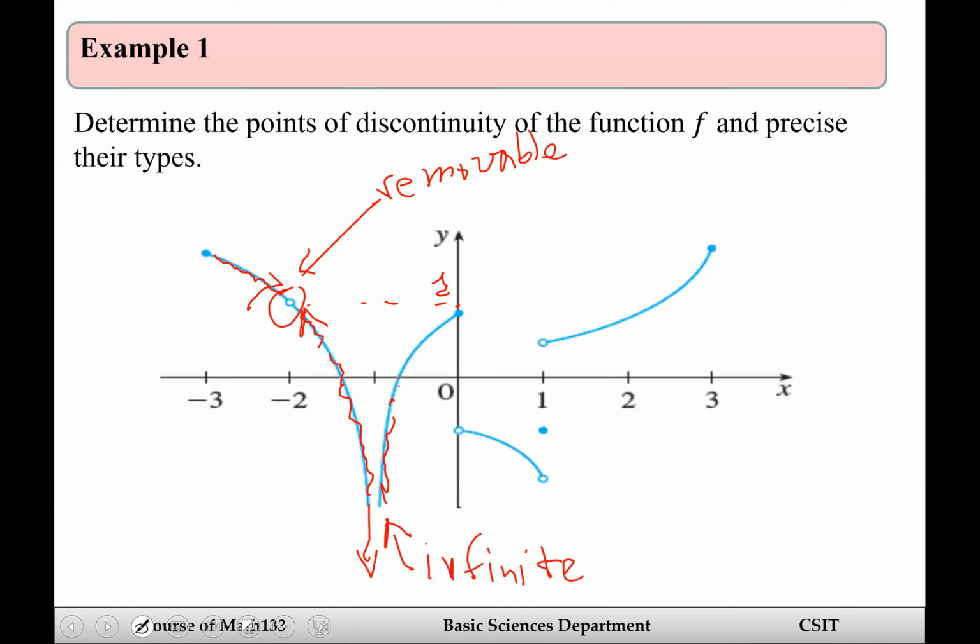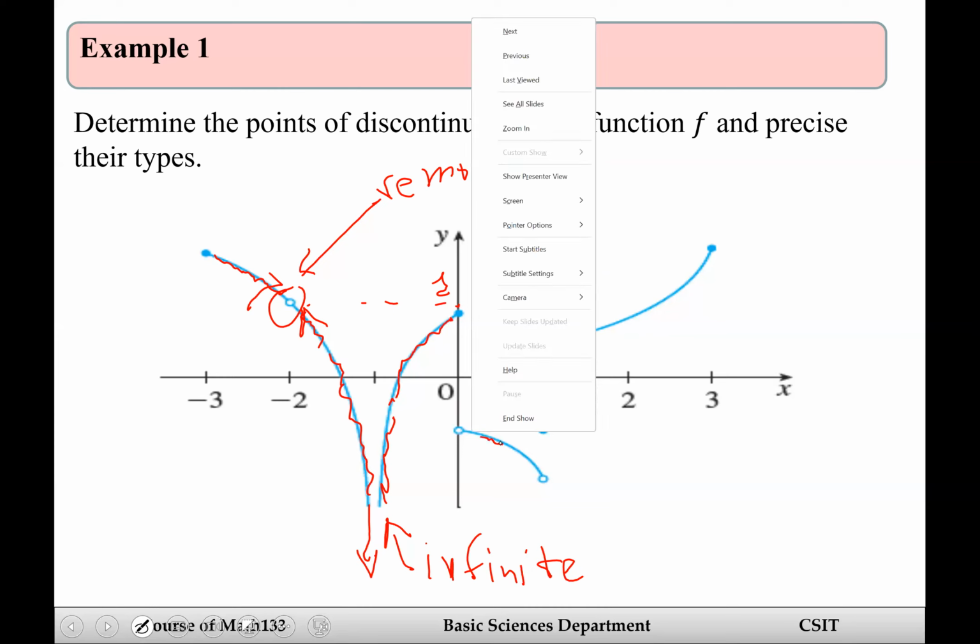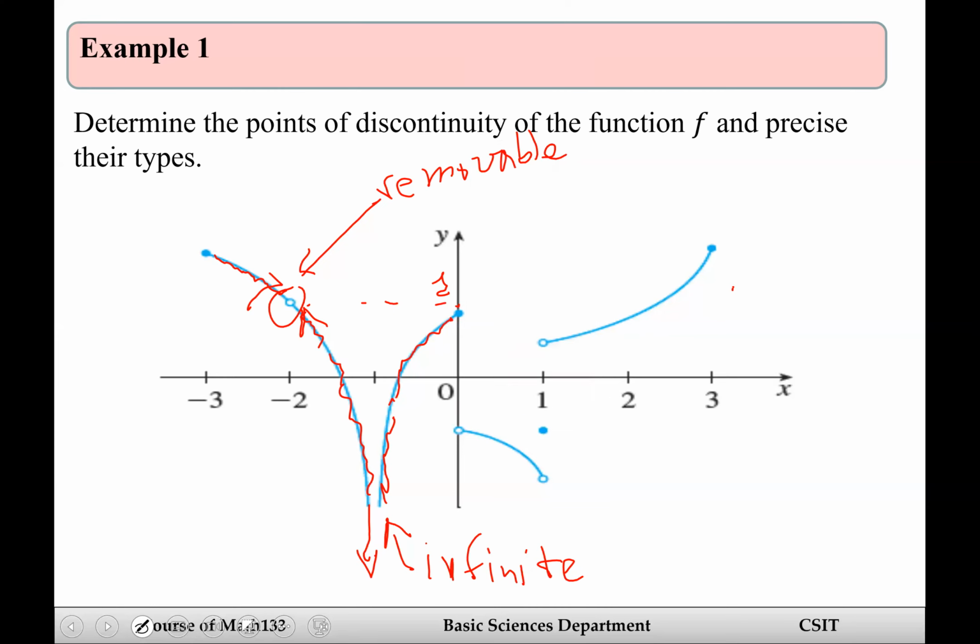Then we continue. I need to stop here and continue to the right. So again, this is a discontinuity at this point. And by the way, when we say discontinuity, we take the x. So here, the first one is x equal to -2, removable discontinuity. Here, x equal to -1.